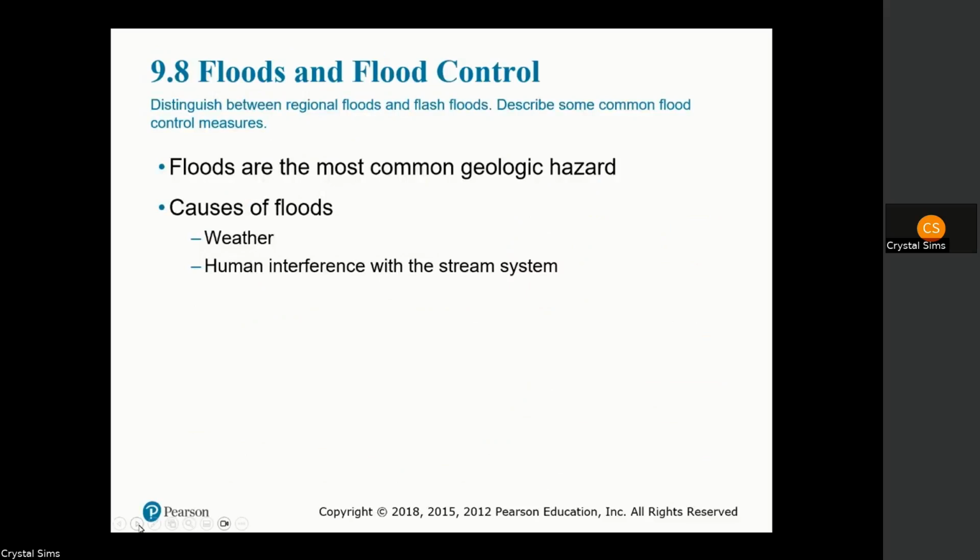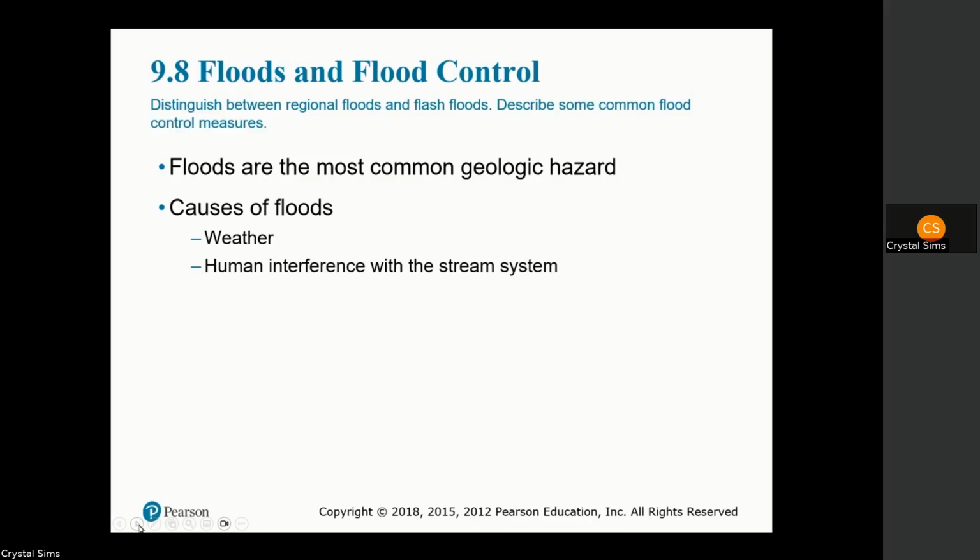So looking at floods. When the stream overflows its channel, that is called a flood. They are the most common and most destructive of all of our geologic hazards, but they are part of the natural behavior of streams. So what causes floods? Well, rivers flood because of the weather.